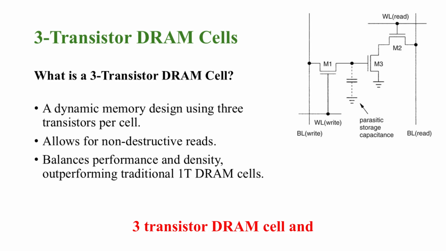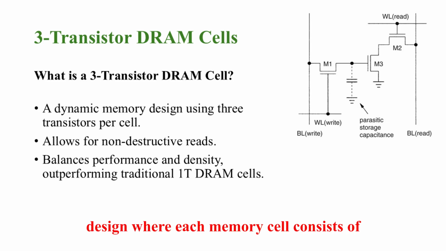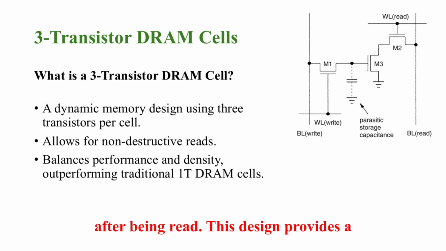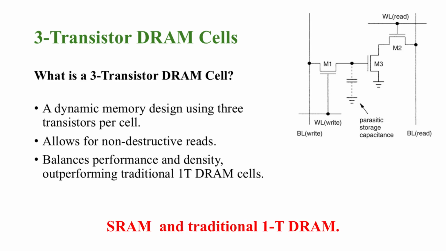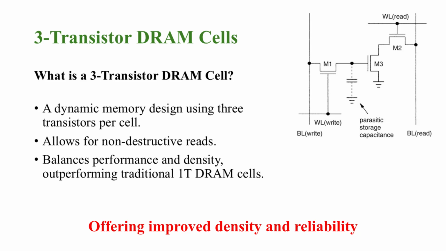3-transistor DRAM cell, an innovative approach to dynamic memory design where each memory cell consists of 3 transistors. Unlike traditional DRAM designs, it enables non-destructive reads, meaning the data remains intact after being read. This design provides a middle ground between high-performance SRAM and traditional 1T DRAM, offering improved density and reliability.